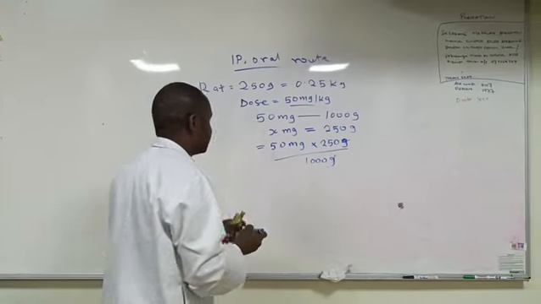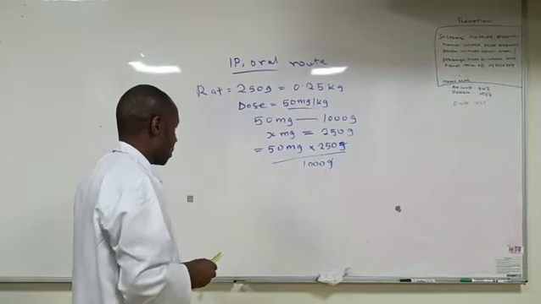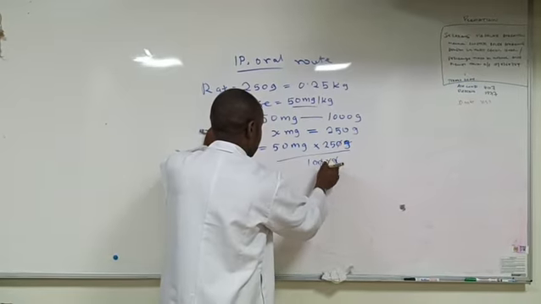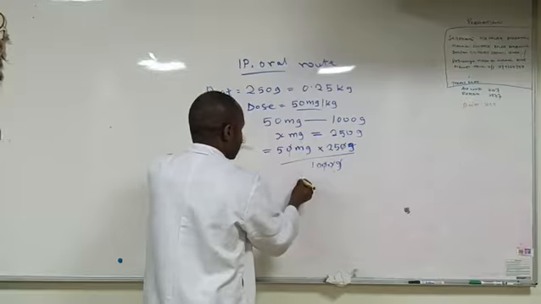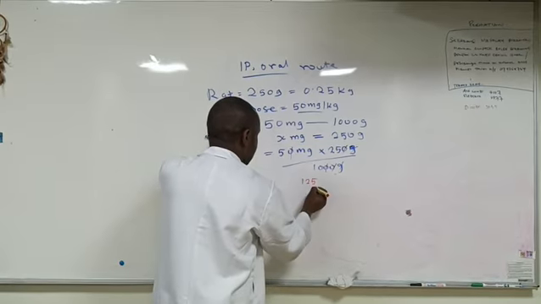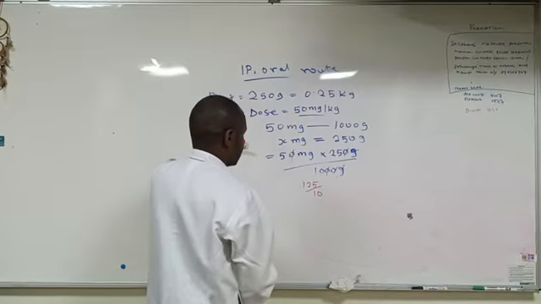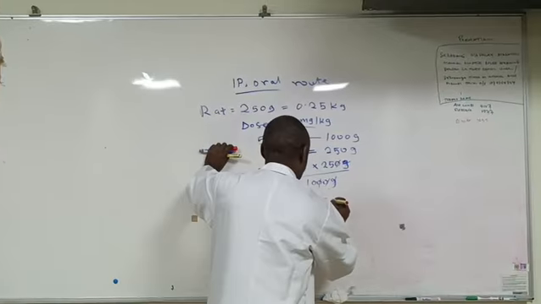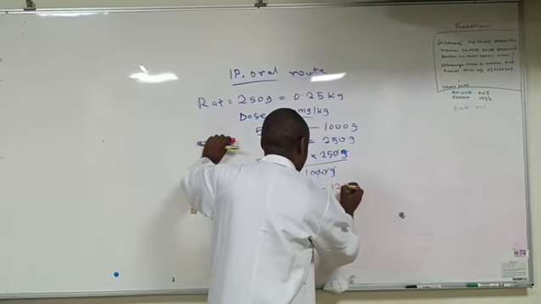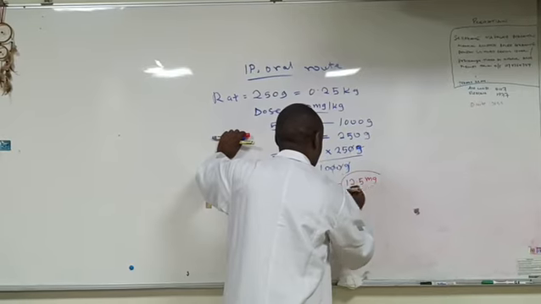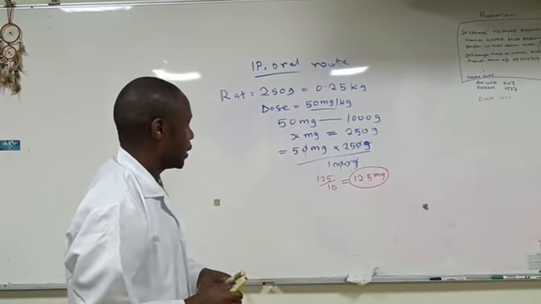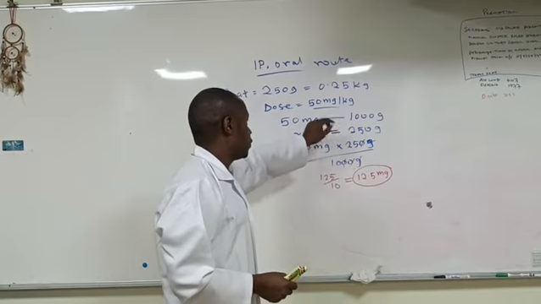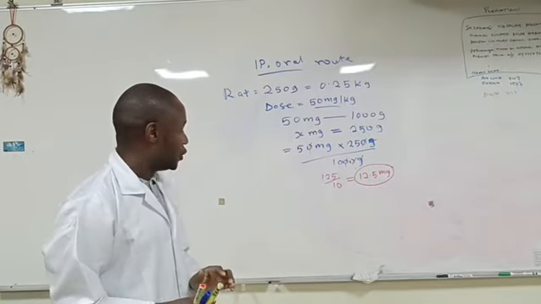Gram goes with gram, then 5 by 25 is 125, then divided by 10, you are left with milligrams. So here you are going to have 12.5 milligram. So we now know that this rat requires 12.5 milligram to be able to achieve this 50 milligram per kg dosing.